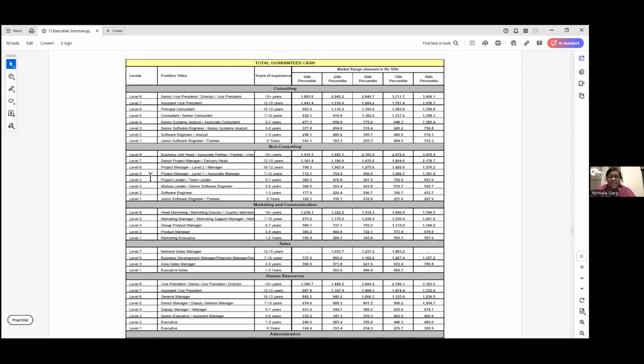And so if I say, hey, no, I want to be at the 75th percentile, what will I do then? I will say, okay, so let me see 75th percentile. What is the market paying? The market is paying 16 lakhs.